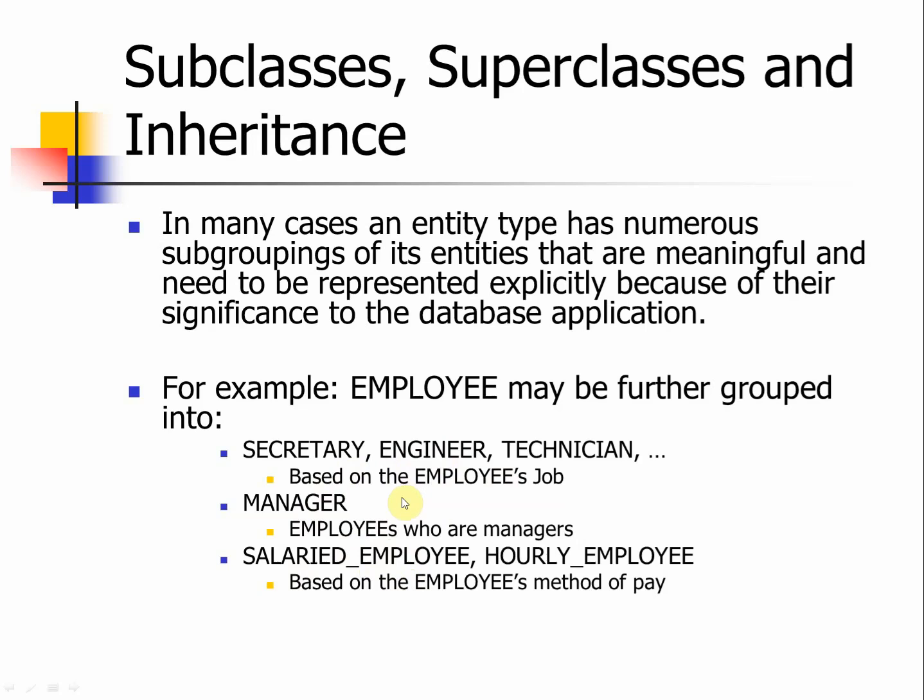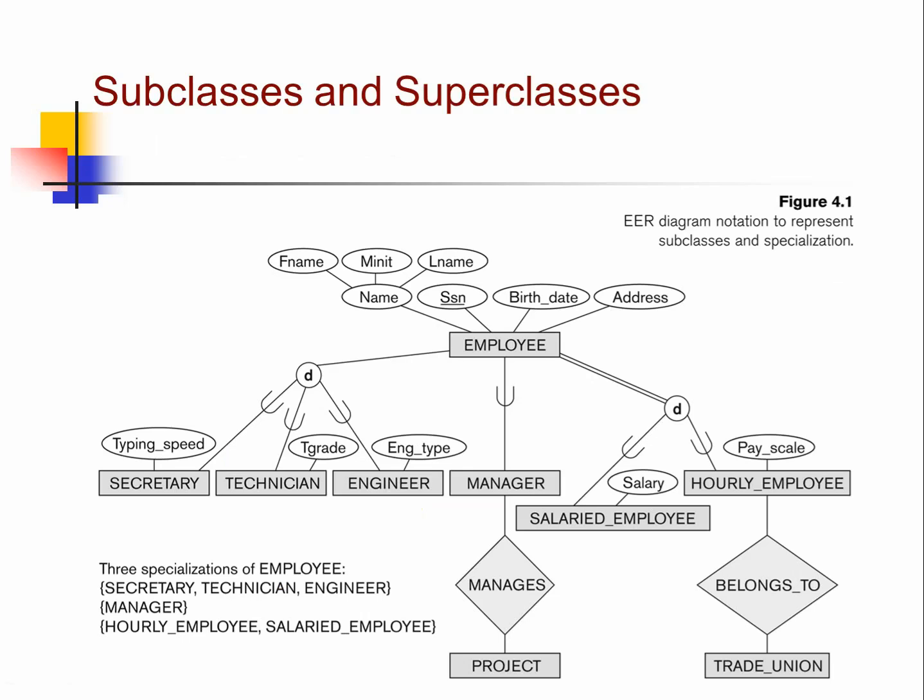So they can be included in different subgroupings based on different distinctions. And how do we represent these ideas in a very easy, understandable ER diagram lies in the topic of the EER part. So this actually gives you a very clear understanding that based on different separations, we can subgroup the employee into different categories. On your left side, you can see that based on the job type, they can be separated into secretary, technician, or engineer here.